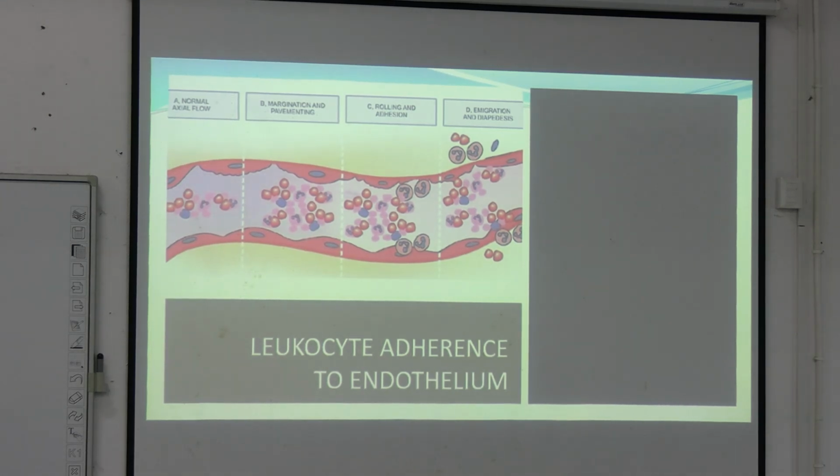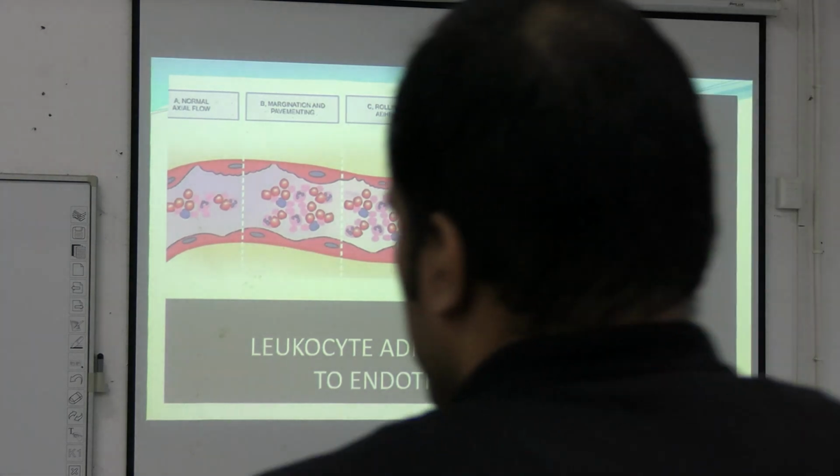So remember these names, selectins and integrins. And then the leukocytes exit the circulation through the endothelial spaces, past the basement membrane, and they exit the circulation. Right, so is this clear? How does normal axial flow look like and what happens in inflammation?